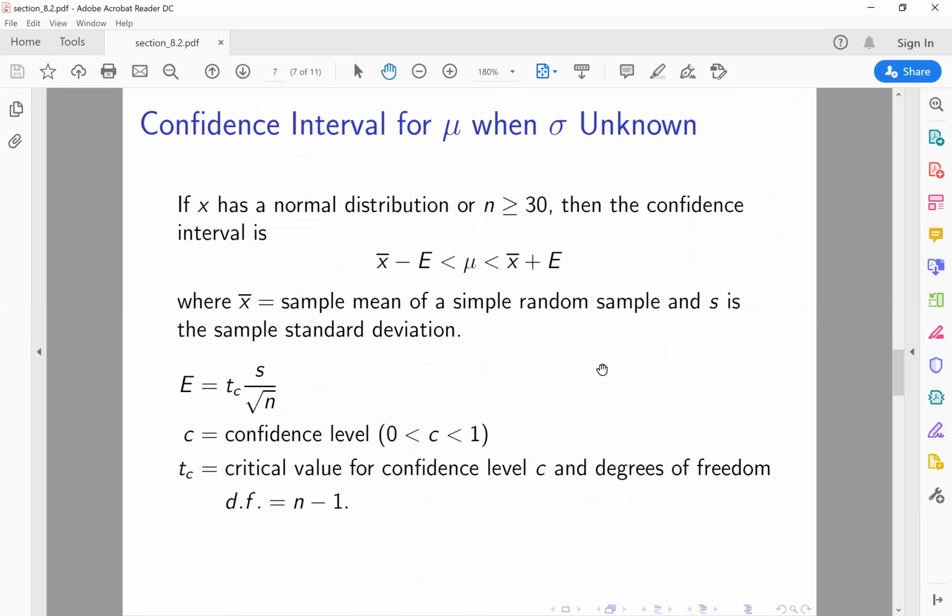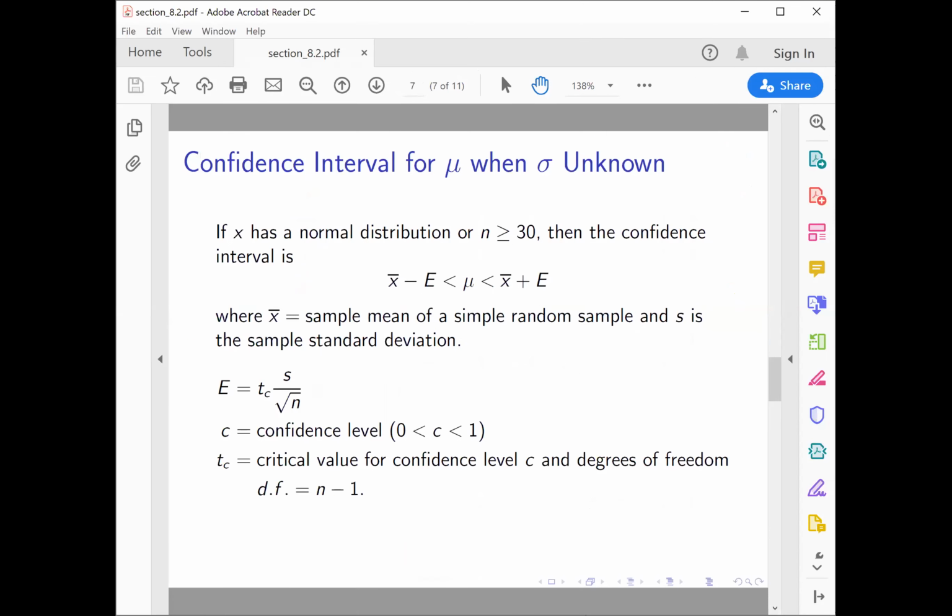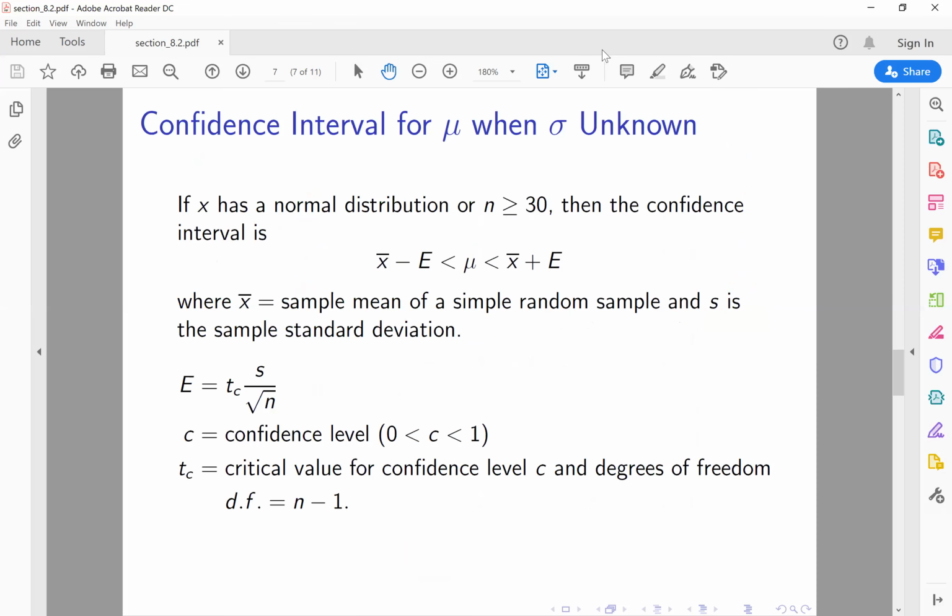So computing a confidence interval is basically done the same way that we did it before. We have to construct the margin of error, that's E. So the margin of error E has the same formula as before, except we have the sample standard deviation.